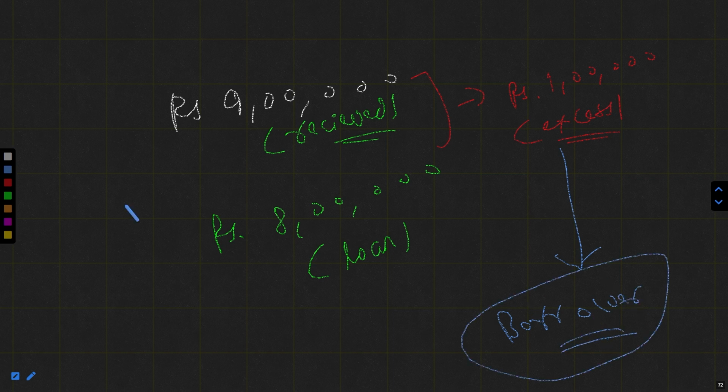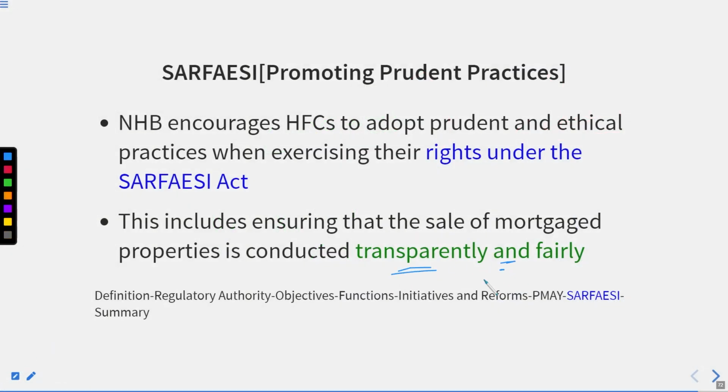It means under SARFAESI, the institution could only recover the amount till it has given. If they had given 8 lakh, they could only hold the 8 lakh, not the 9 lakh entirely. So the 1 lakh, which is the excess, will be given to the borrower. This is for keeping the practice transparent and fair.